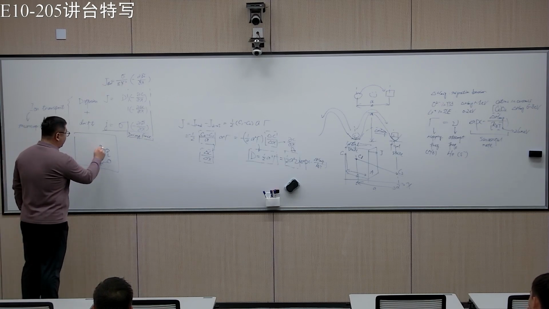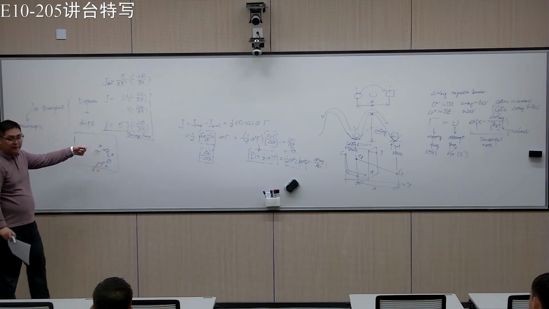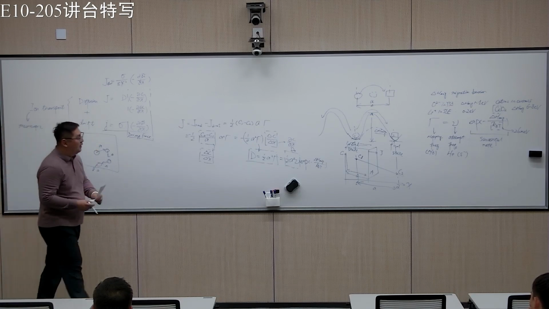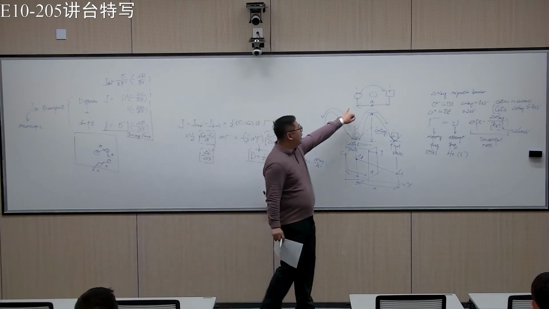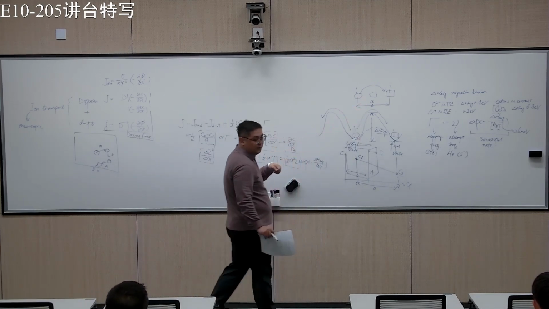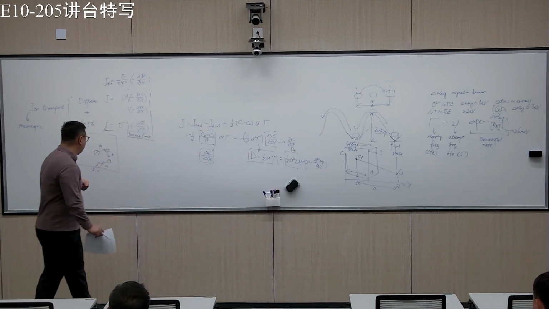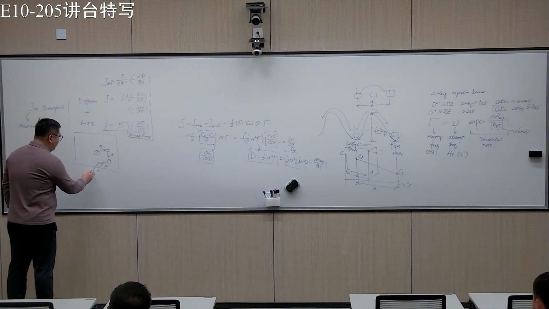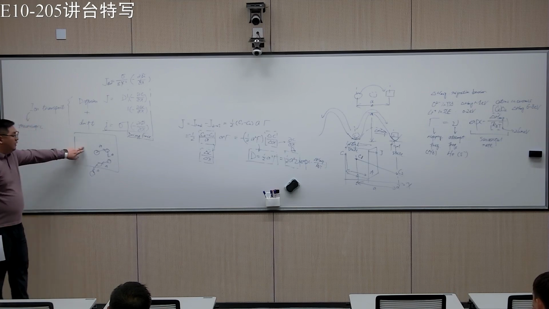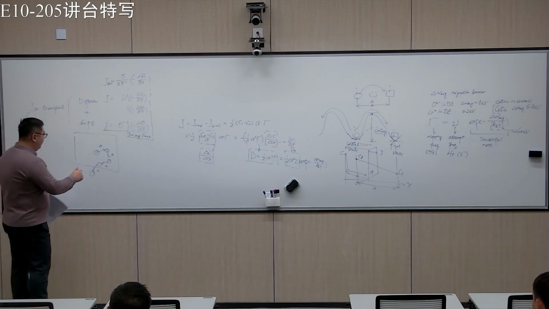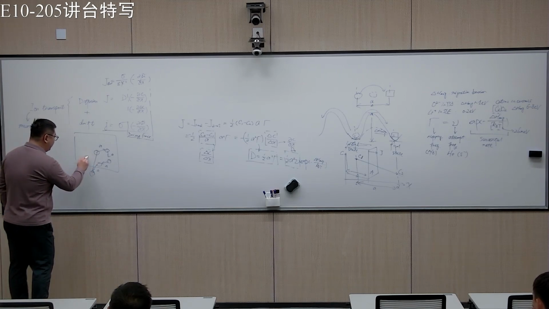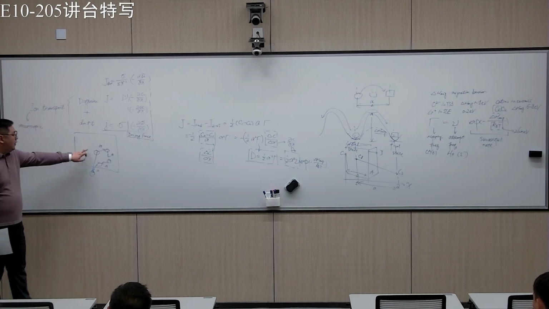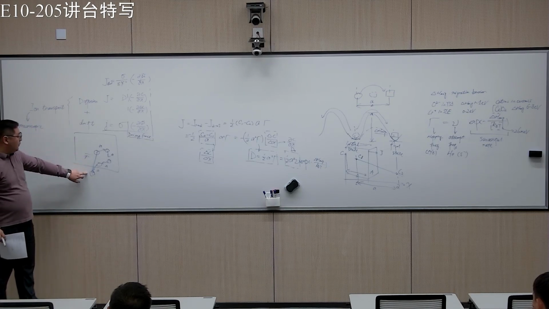In each case, ions can only jump one interatomic distance to the other side. So the way to measure the diffusion is, finally, on average, how far away the ion is from the original position.